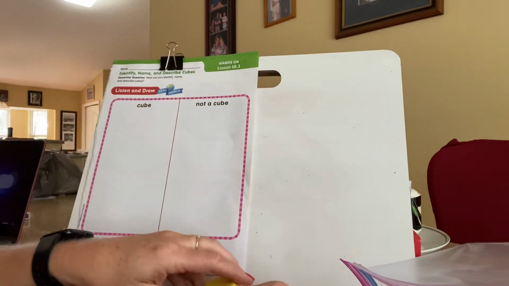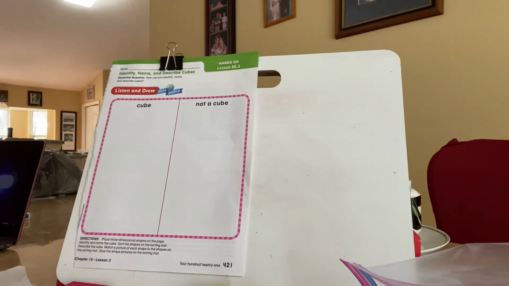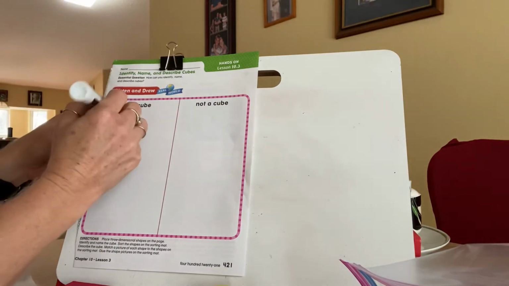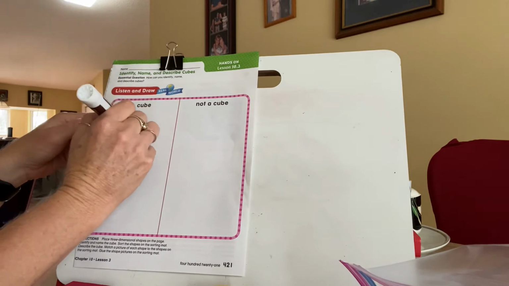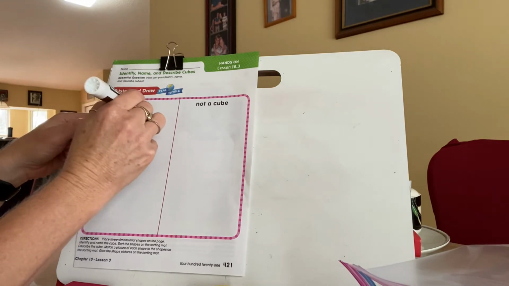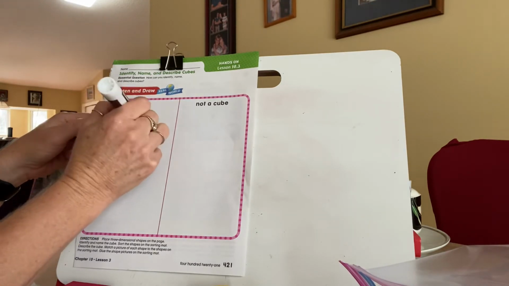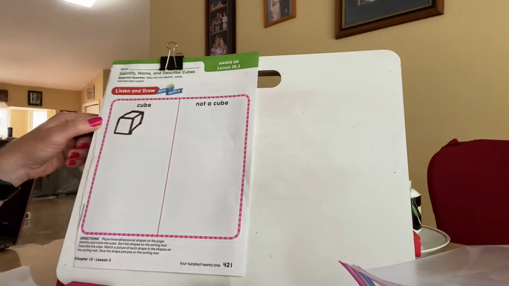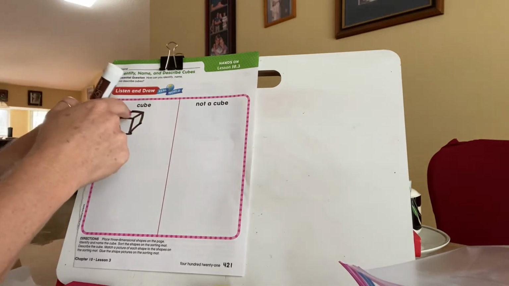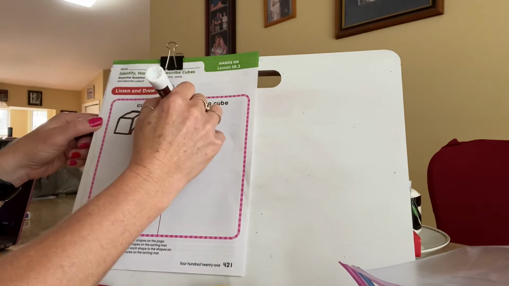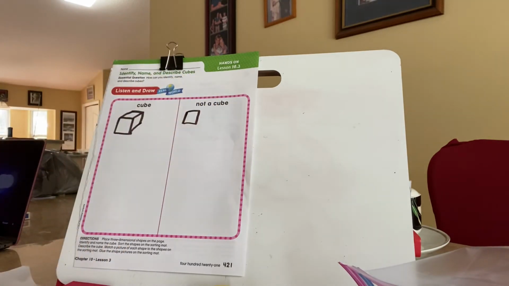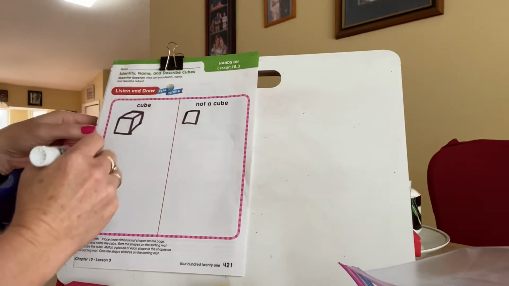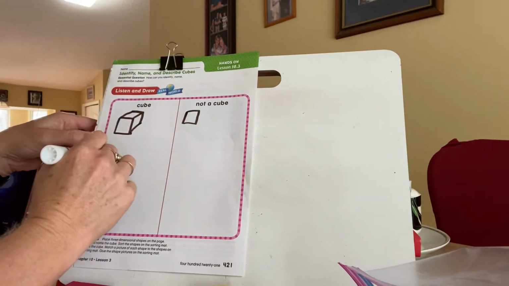So what I can do is for my cube, I can come up here and draw different cubes, and to be a cube, I have to see a couple different surfaces. This is not a cube, that's a square. Now, I can even do a bigger cube.